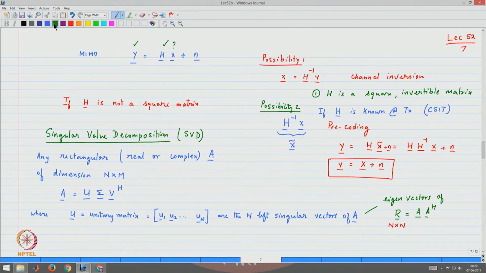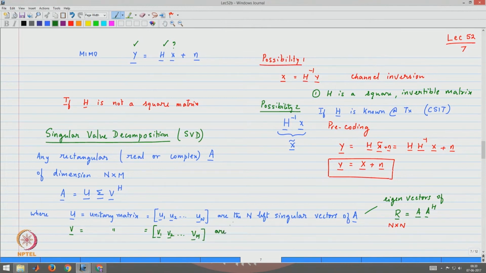So, the next item that we want to define is the matrix V. V is also a unitary matrix. It consists of the vectors V1, V2 all the way through Vm, where m is the column dimension.